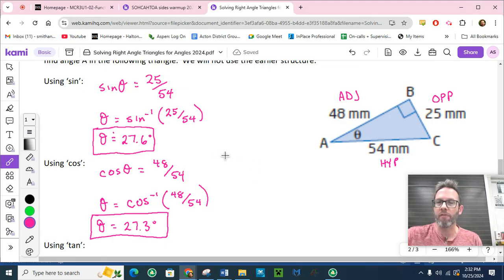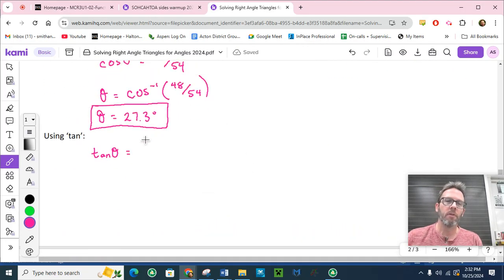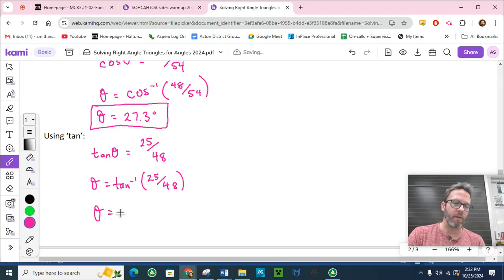And finally, tan is 25 over 48. Should be around 27. All right, I'm kind of curious what this one gives now.